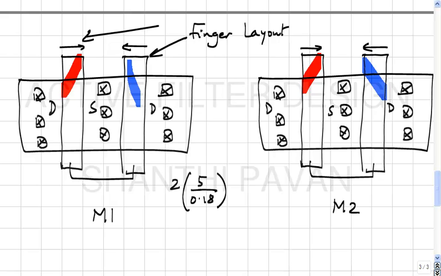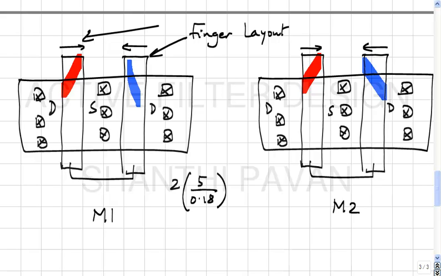You understand? Okay. So the advantage of laying a transistor out as fingers is to have manageable aspect ratios for the W by L.